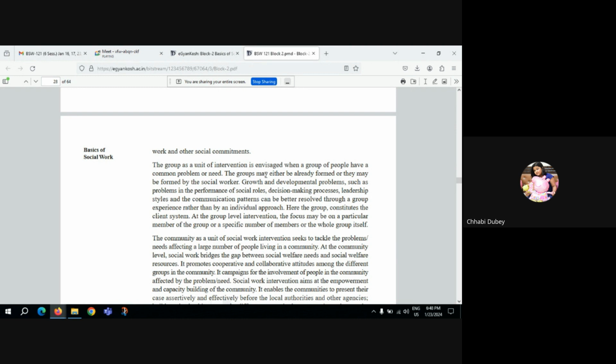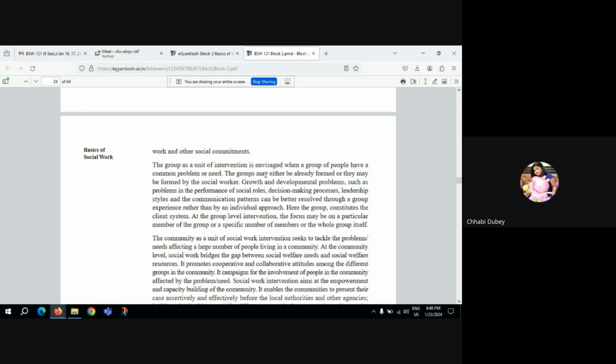The needs are different, but the resources required to bring about the social welfare intervention may not be at parity with them. So there may be a lack of resources.